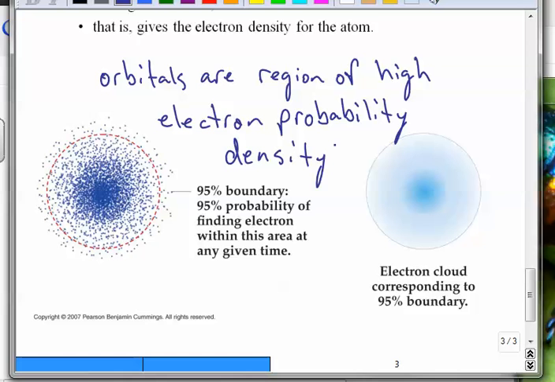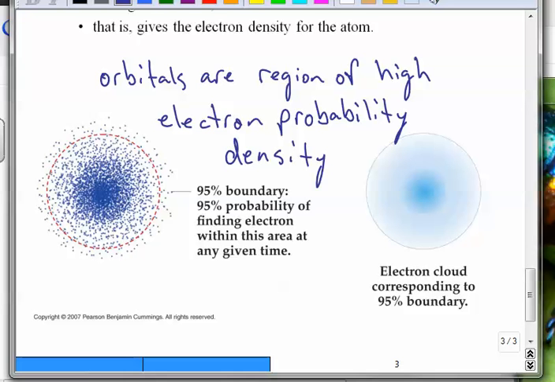That is, it's a region in which there's a high probability of finding that electron. So these electron clouds really are regions of high electron probability density. So the more dense these clouds, the higher that probability.